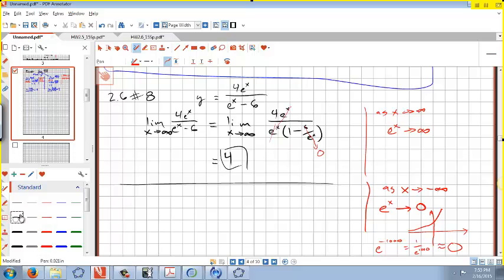So what's going to happen when I take the limit as x goes to minus infinity of 4e to the x divided by e to the x minus 6?